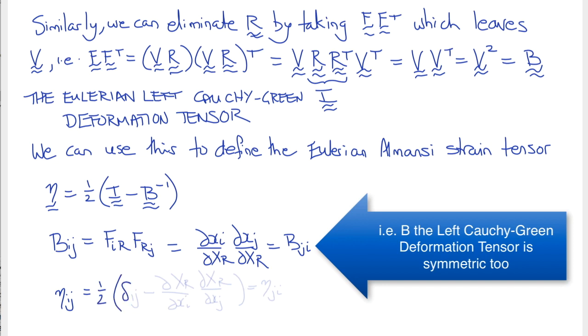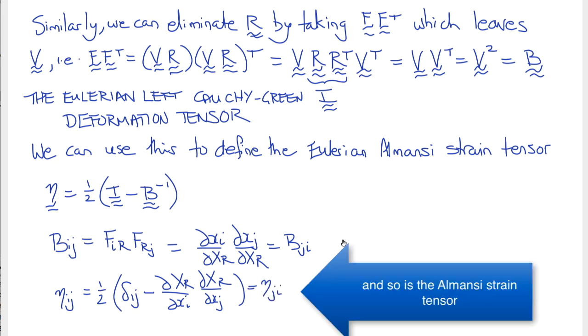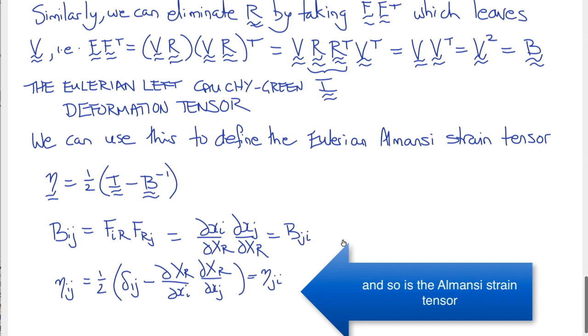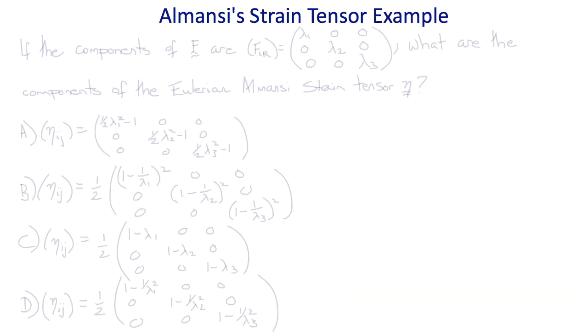Writing out the strain tensor then in index notation, we get that eta ij is 1/2 of delta ij minus ∂Xr/∂xi ∂Xr/∂xj, which is also symmetric. Let's work out the Almansi strain tensor components for the same deformation gradient tensor components as in the previous example.